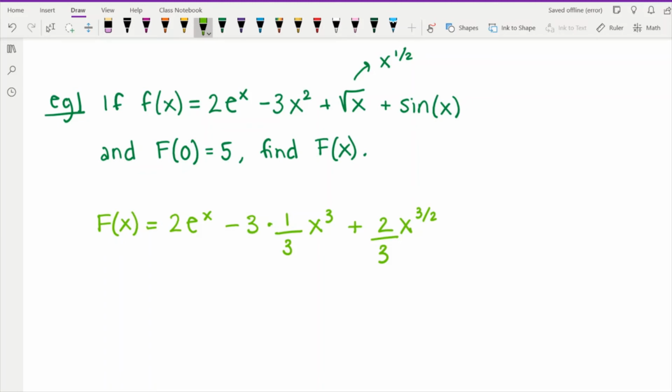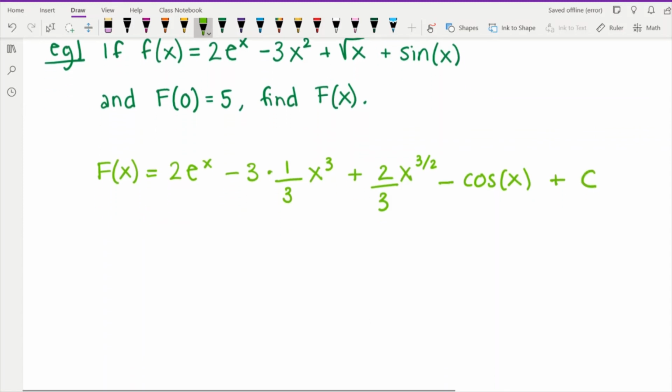So we know that the derivative of cosine is actually negative sine, right? So if I said plus cosine of x, that would actually be wrong, right? Because if you take the derivative of cosine, you would get negative sine, and here we have a plus. And so how do we deal with that? Well, we just say negative cosine. So the antiderivative of sine is negative cosine.